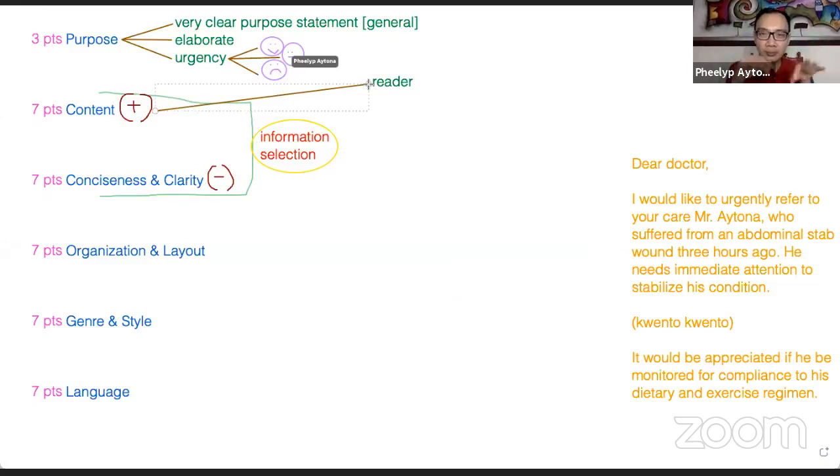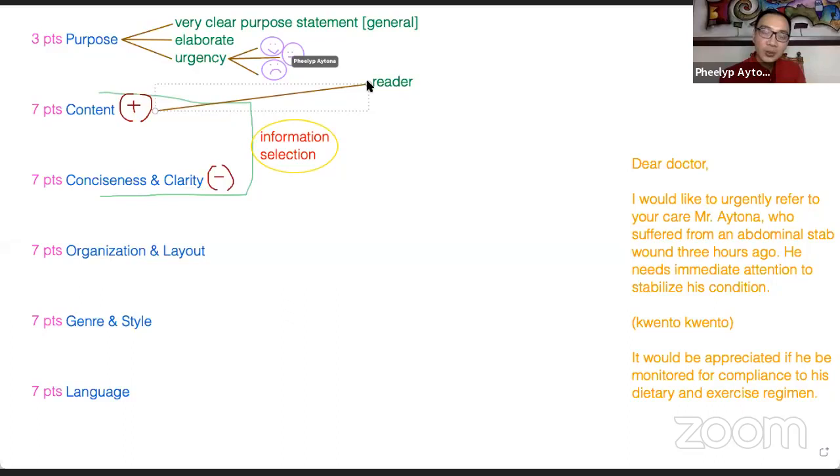Yeah. It's important for you to keep your reader in mind. Kasi you say different things to a psychologist versus a social worker versus a PT versus a rad tech versus a community nurse versus an ER nurse, for example. Iba-iba yan. You say different things depending on your audience.